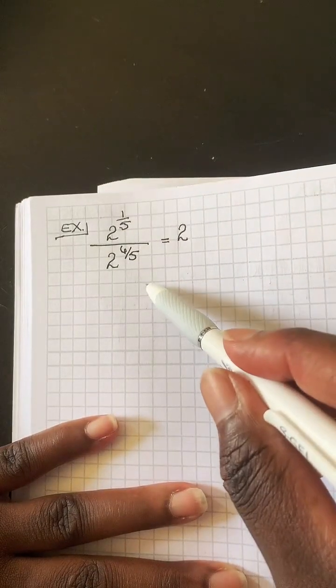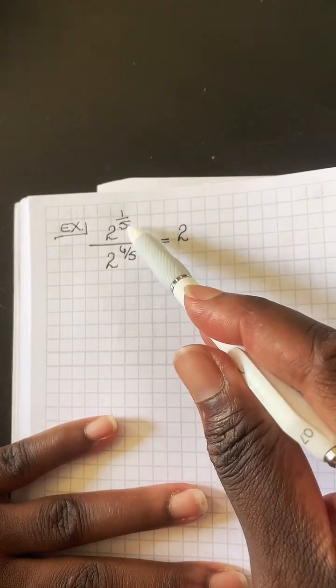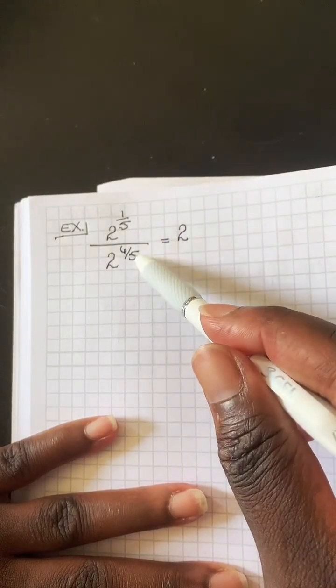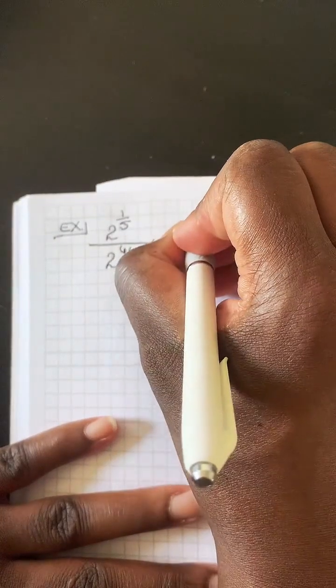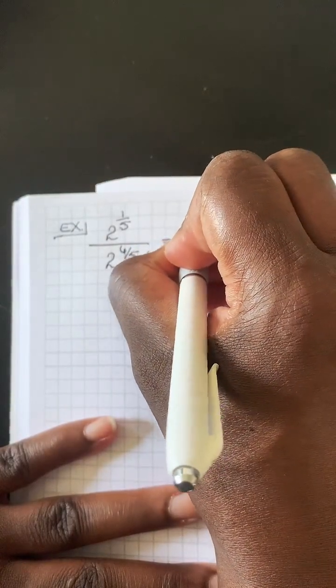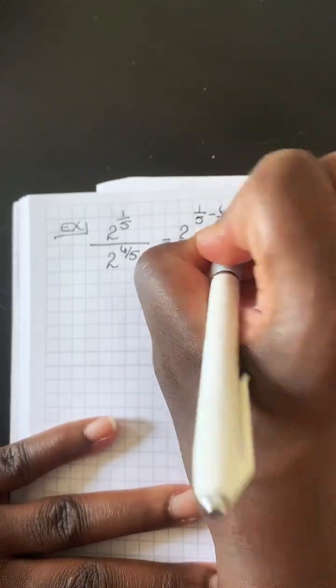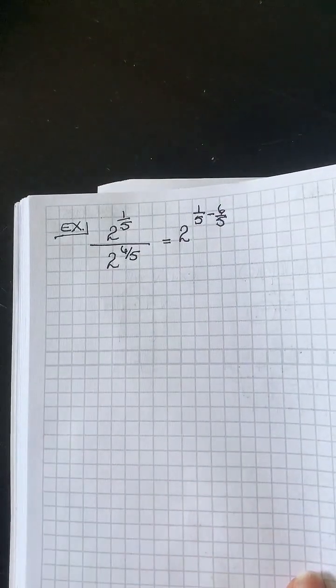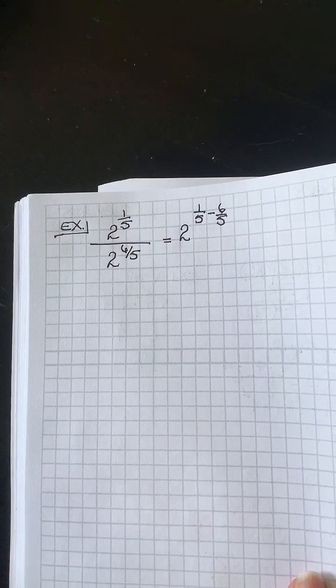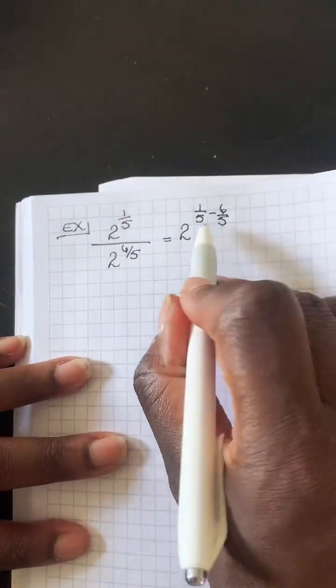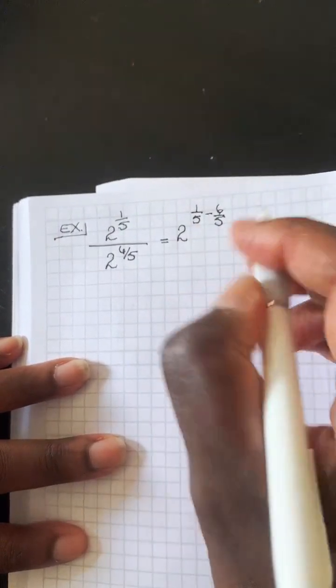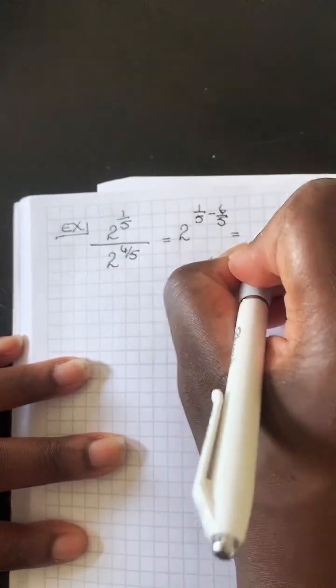But when we're dividing, we're going to subtract the exponents. So you have the 1/5 minus the 6/5. They have the same denominator, so that's going to be easy for us to finagle.